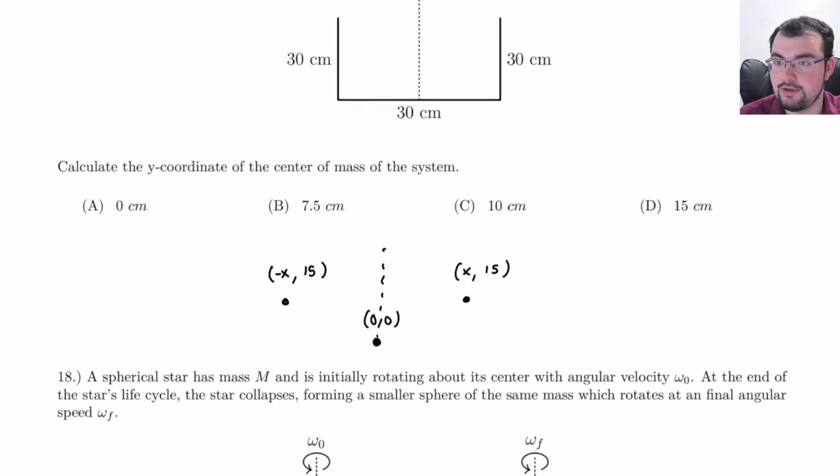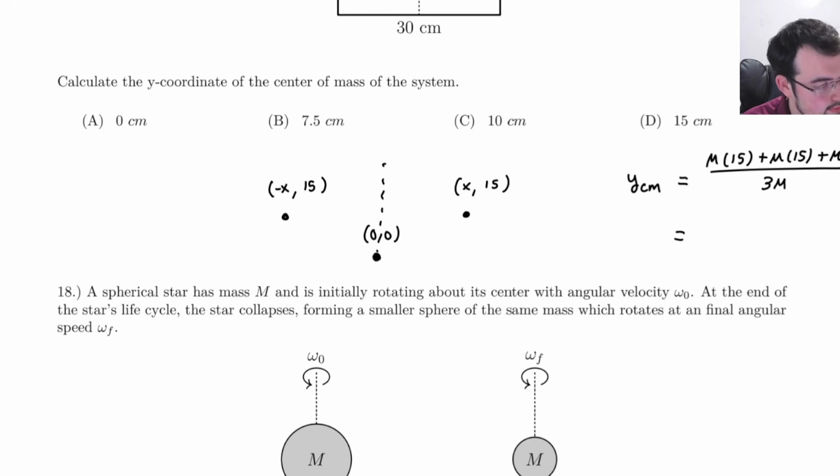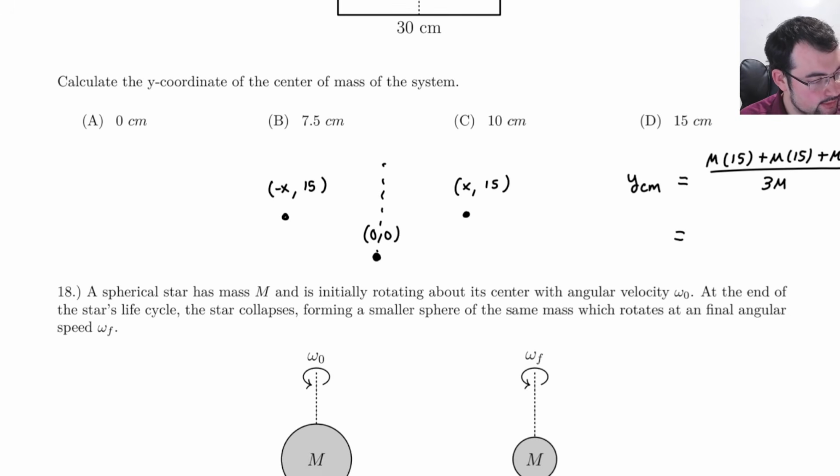So now we can just find the center of mass using our formula. So our y center of mass would be, one of our m's is located at 15, one of our m's is located at 15, one of our m's is located at 0, and we have 3 of them. So we end up getting 30m divided by 3m, which would be 10 centimeters.